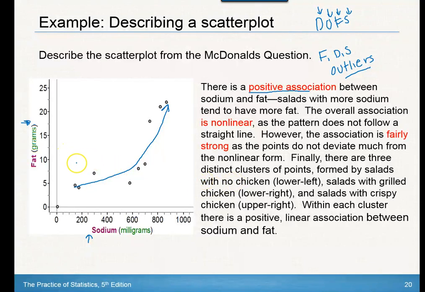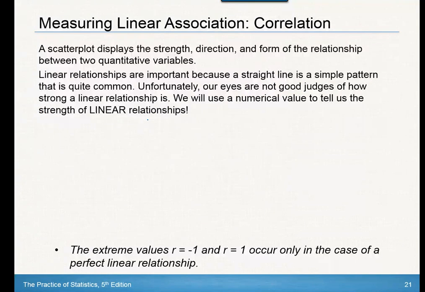There's a cluster of points here, here, and here. Within each cluster, there's a positive linear association between sodium and fat. If we look at these individually, each of them would have a pretty strong linear relationship. However, the overall pattern is not necessarily linear.